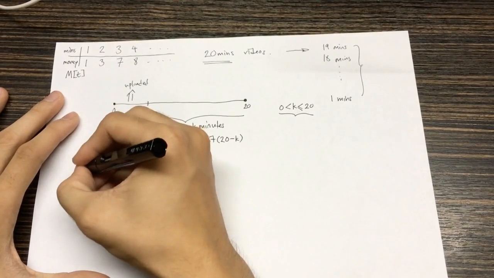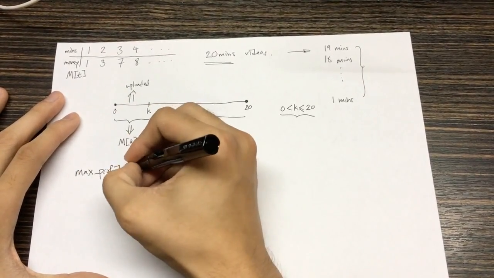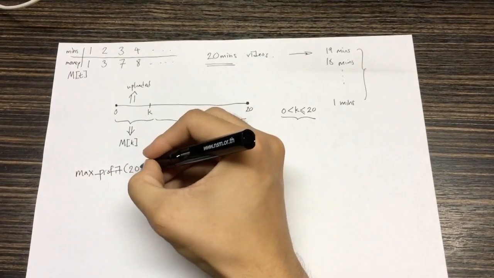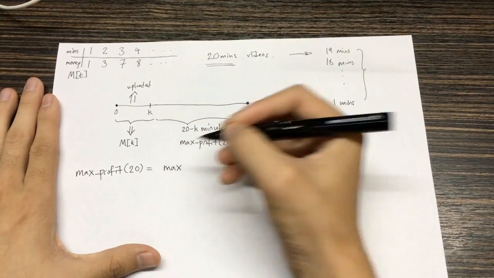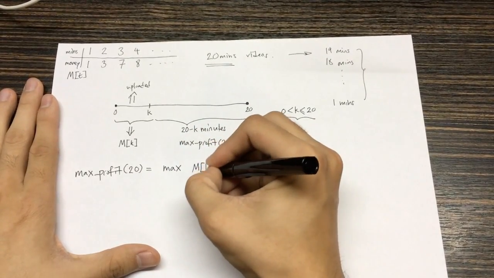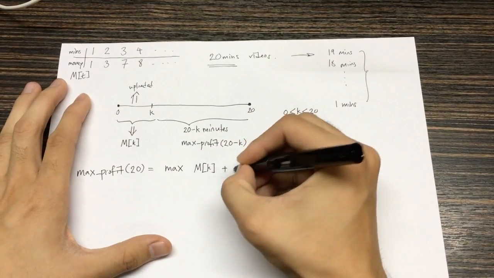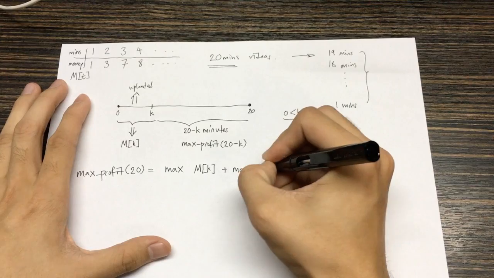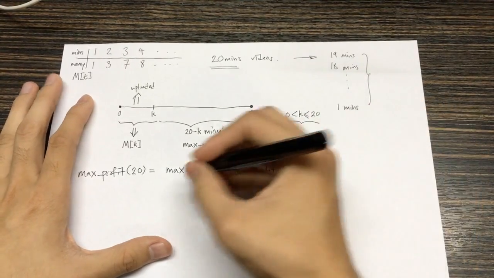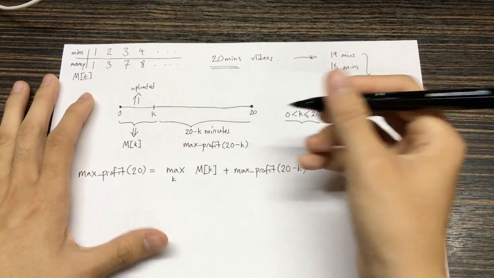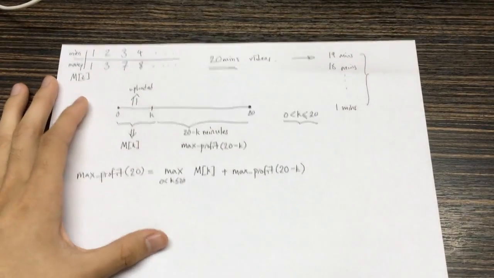So what I can find is that max profit for 20-minute worth of videos will be whatever the maximum is for having the first video of k minutes long, plus whatever the max profit is for the rest of the footage I haven't divided up, as I vary k, and k can be varied from 0 all the way to 20 as such.